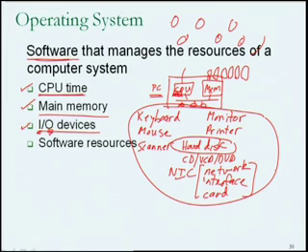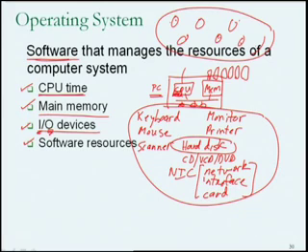Now, last but not least, the operating system will possibly have to be involved in the management of software resources. We have already seen in our diagram of the computer organization, the software side, that there are many processes in a computer system, many programs in execution represented by these software entities or software resources called processes, which require the operating system to intercede on their behalf.